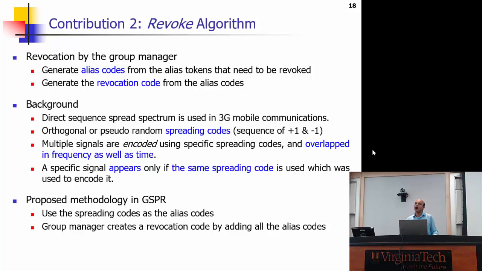Multiple signals are first encoded with these spreading codes, and then overlapped in time and frequency. But a specific signal can be extracted from the received signal if you use the same spreading code. So the idea here was that you have overlapped signals in time and frequency, and you could extract one signal from it.